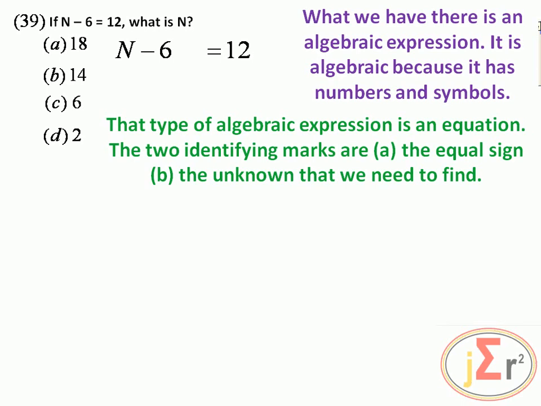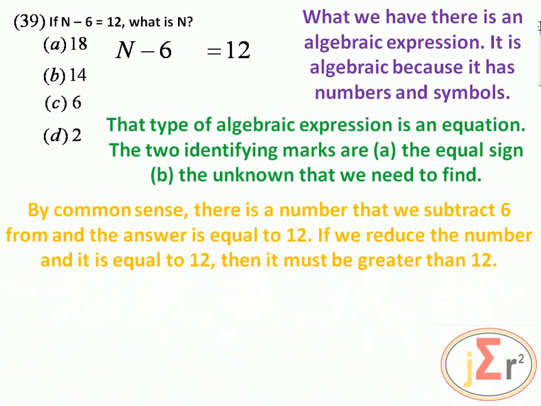And in an equation, we also need to have what, Jerry? Unknown. We need to have an unknown that we need to find. So those are the two most significant identifying marks of an equation. It has an equal sign, and there is an unknown of which we are required to find its value.